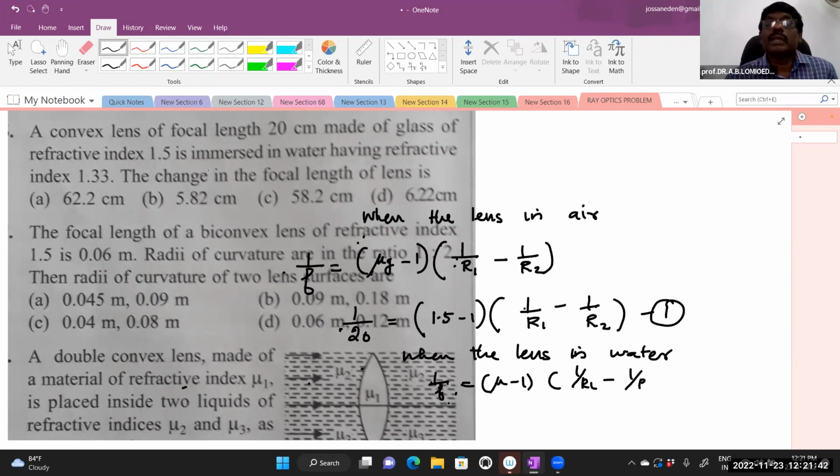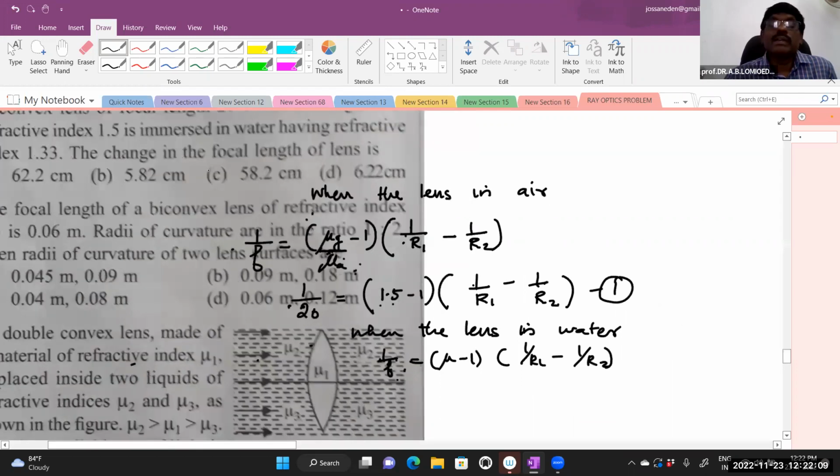Here, in this formula, the denominator is the refractive index of the air. We have deleted that value because it is 1. But in the second case, both the medium, that is the water, and the refractive index of the glass are given. Therefore, the formula is modified.